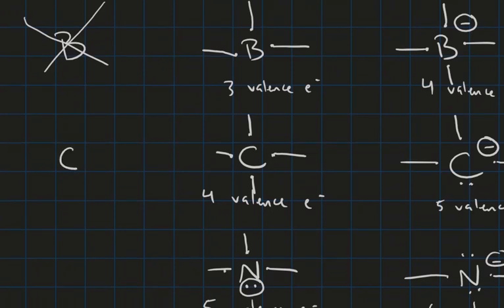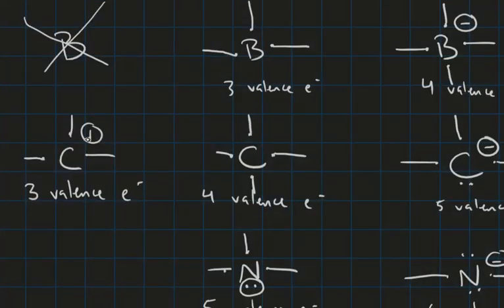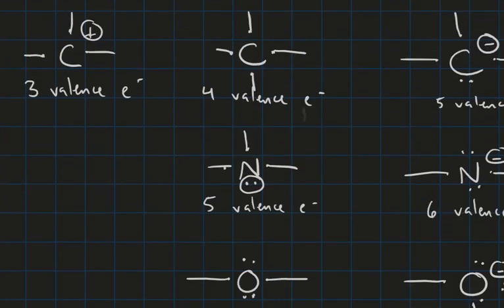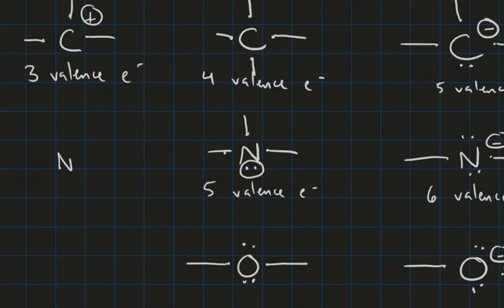Now carbon. So we went from 4 valence electrons. Now we're taking it away. We're going to have 3 valence electrons. So we go 1, 2, 3. We can see that that's 3 bonds. And make sure we put our positive sign here to indicate the charge. Nitrogen, we're taking away 1 of these 5 valence electrons.